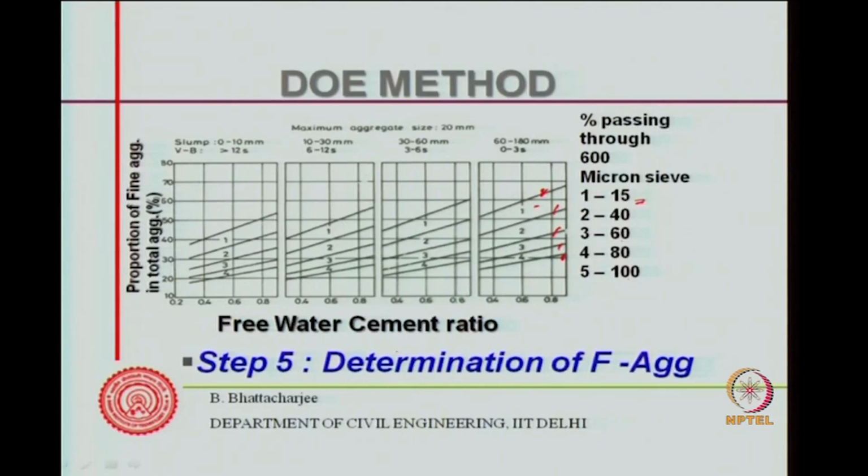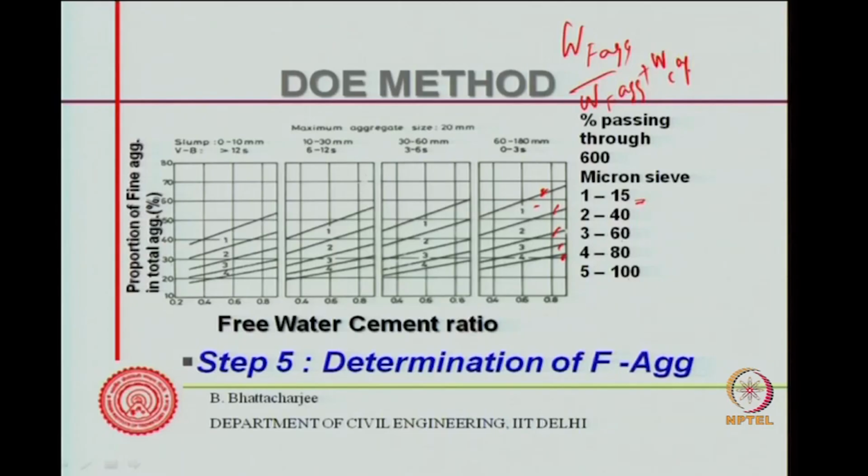So therefore, this is step 5 and this is meant for 20 mm. Similar curves are available for 10 mm and 40 mm MSA as well. This is for 20 mm MSA. So by doing this, you have found out the complete proportion of fine quartz, because you know the proportion: mass of fine aggregate W_FAGG divided by total aggregate W_FAGG plus W_CAGG, both sum total is in the left vertical axis.